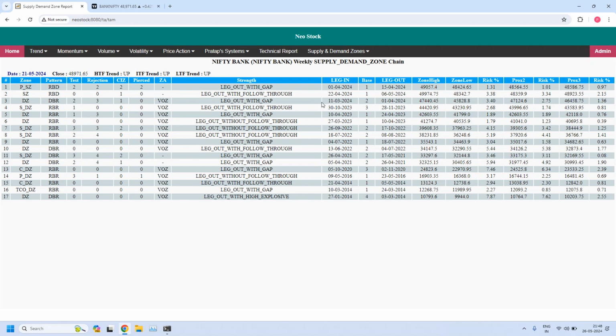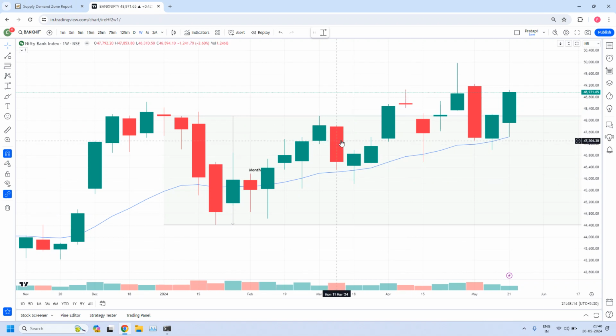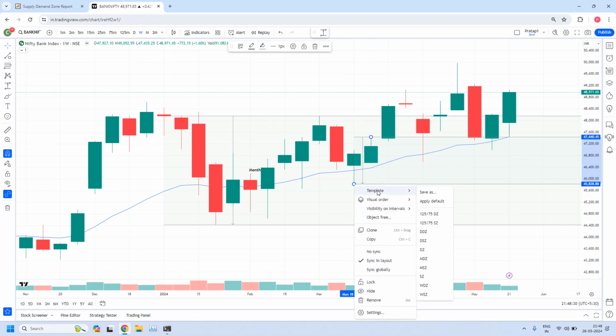So the first one is a weekly demand zone. Let us draw the weekly demand zone. That is 11,324, 2 base candles. 11,324 is the drop candle. We have 2 base candles and a rally candle. So here we have a weekly zone. Let me change the color to the weekly zone color.